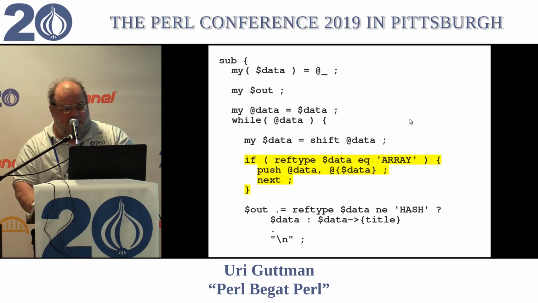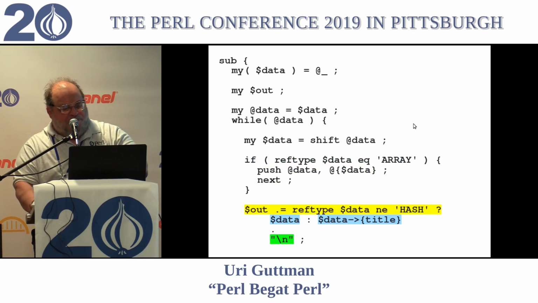Here, if the data coming in is not an array, we just push that data onto the data array and go back to the loop. If it is an array, push it all back onto the outer data array. That way we can keep doing things as if it was a single one or multiple ones. It makes no difference. But this bit of code you'll see several times.